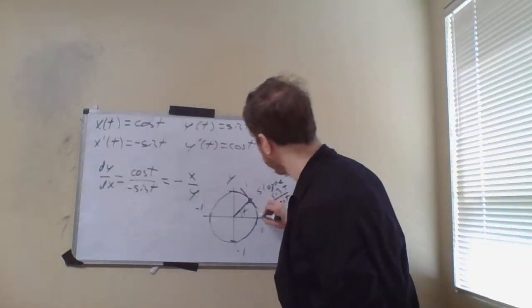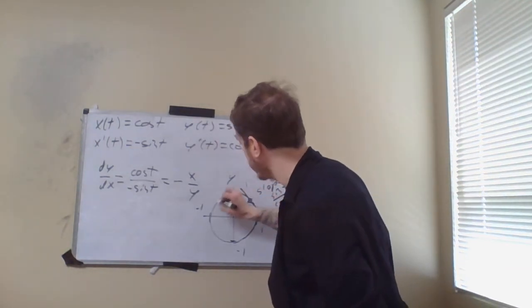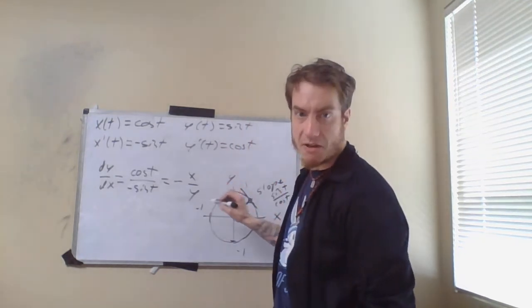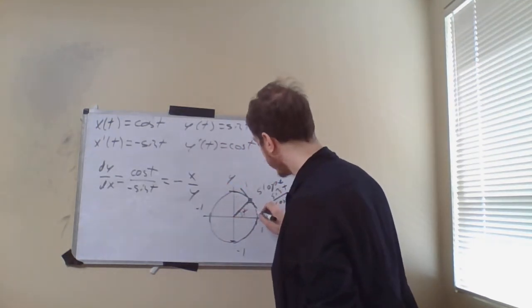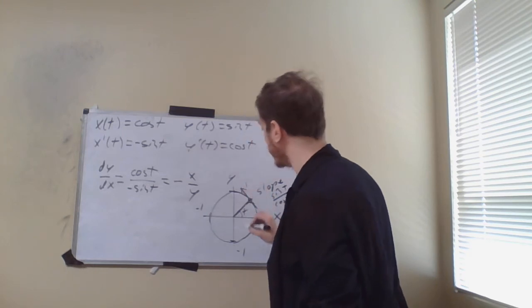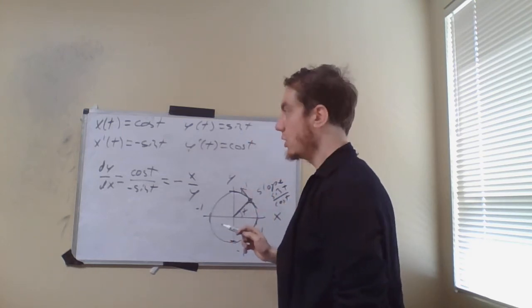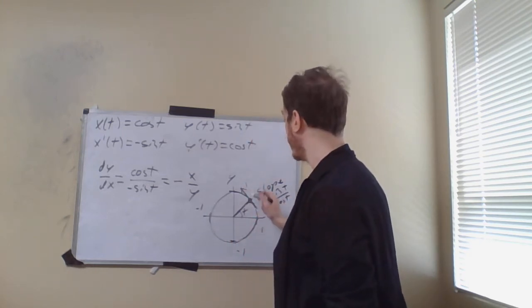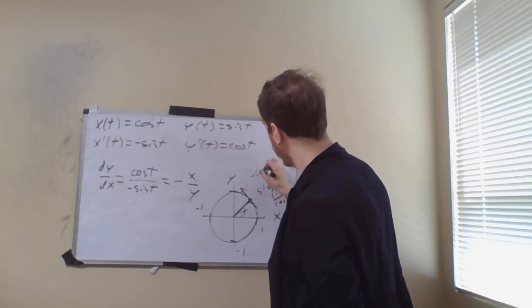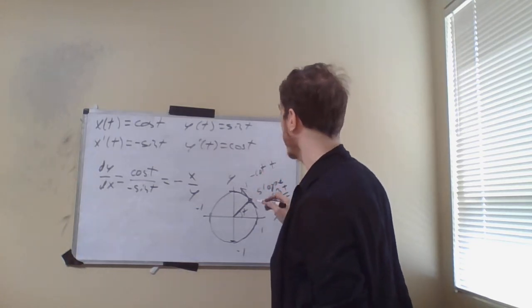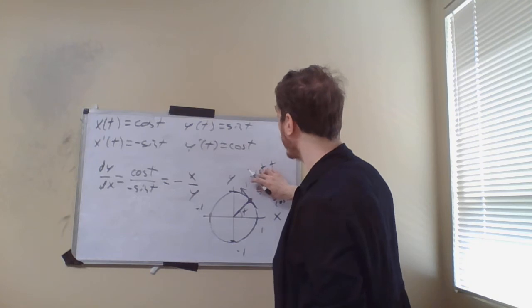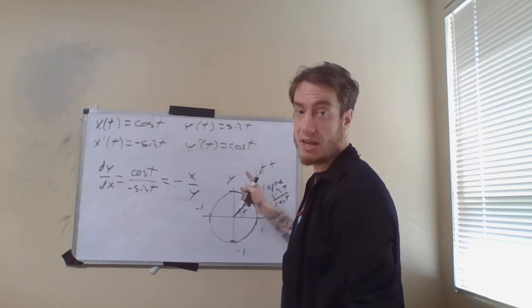Why? Because if I walk around this circle at a unit pace, my velocity is 1, and the direction I'm facing should be this tangent line. Well, the direction I'm facing is therefore proportional to the negative cotangent of t, at least.